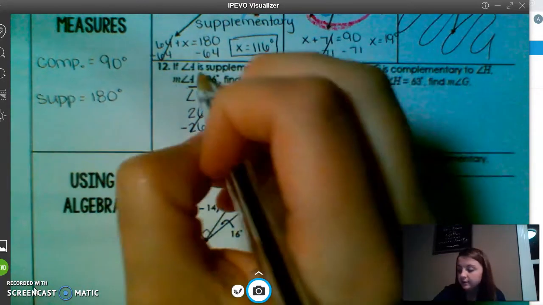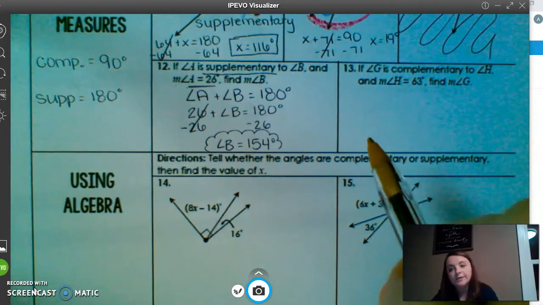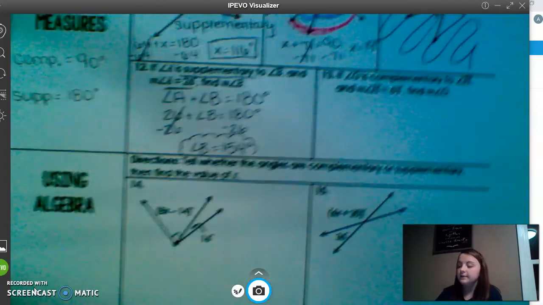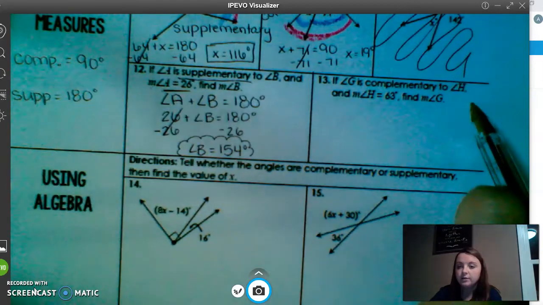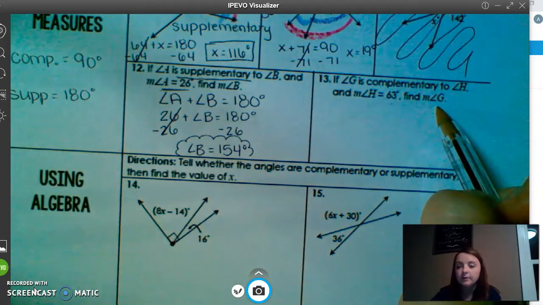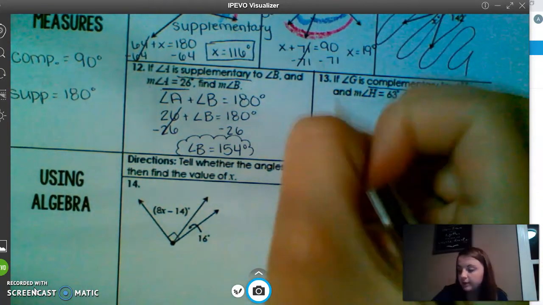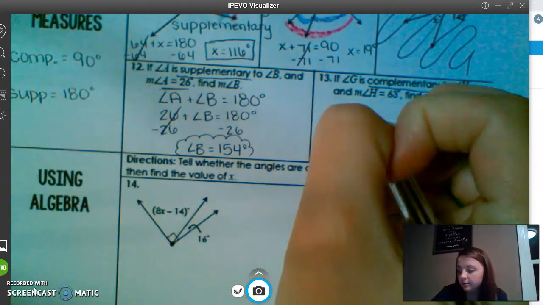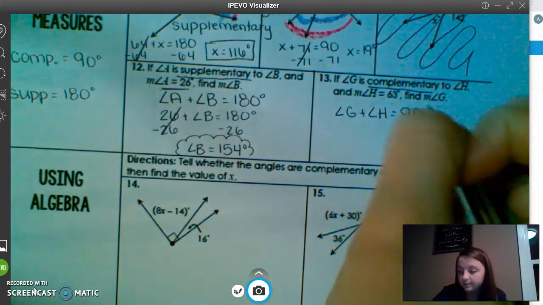So the big deal here was knowing that they were supplementary and using that information to set up an equation. Number 13 says angle G is complementary to angle H, and we know that H equals 63 degrees, but we don't know G. So they're complementary, which means angle G plus angle H has to equal 90 degrees.